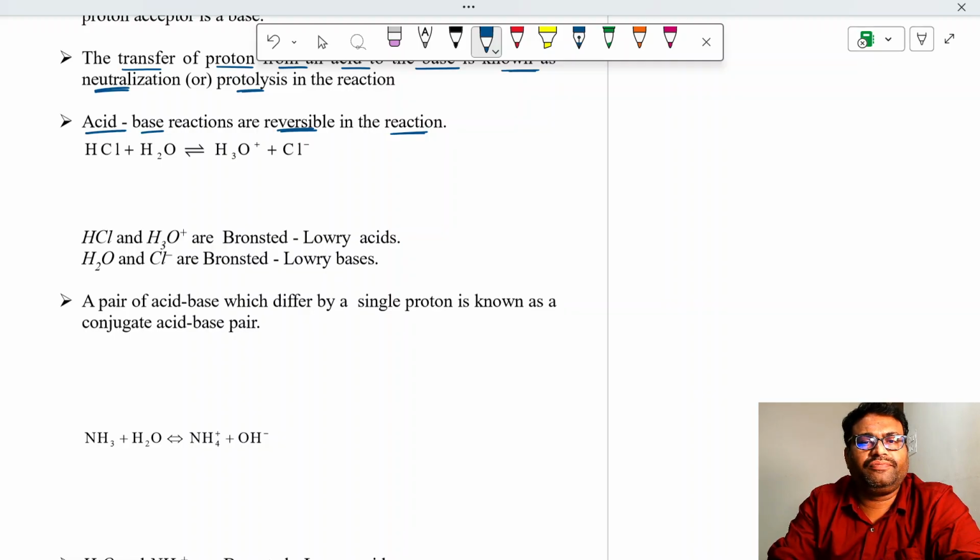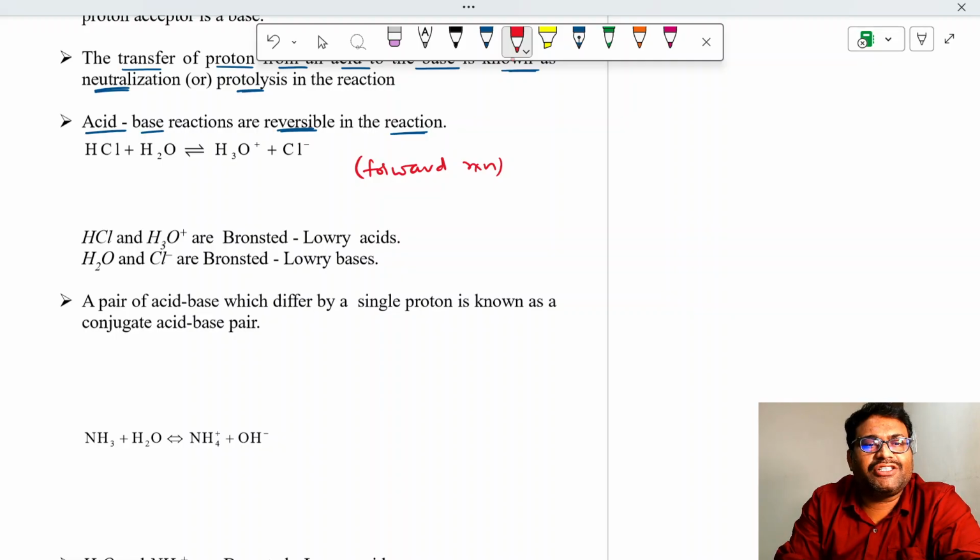Now, let us see the forward reaction. HCl dissolving in water, or HCl reacting with water, gives H3O plus and Cl minus. See, what happened to HCl? It has become Cl minus.